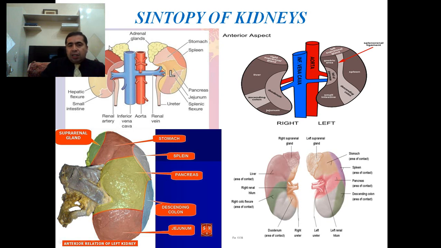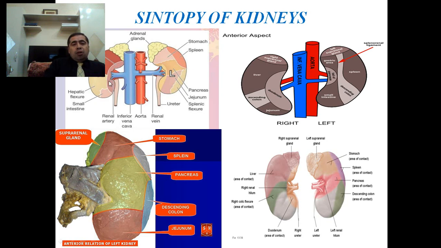Anteriorly, the right kidney is in contact with the liver. 2/3 of the anterior surface of the right kidney is in contact with the liver. I mean the adulthood period. And the lower third of the right kidney is in contact with the hepatic or right flexure of the colon. You are looking at the picture.